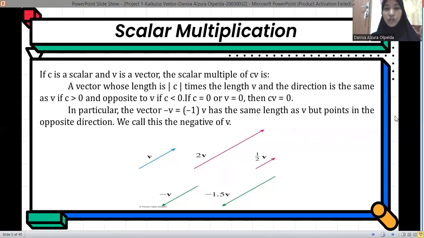If C equals 0 or P equals 0, then CP is equal to 0. In particular, the vector minus P, equal to minus 1 multiplied by P, has the same length as P but points in the opposite direction. We call this the negative of P.